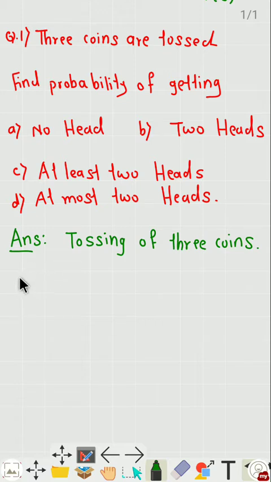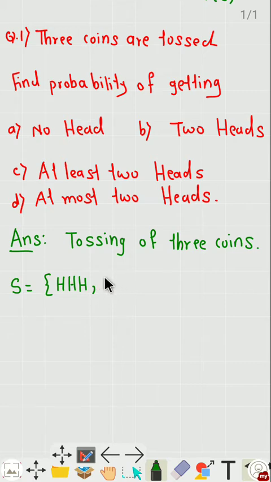The set of all outcomes is nothing but the sample space of this random experiment. So outcomes are, suppose first coin gives head, second coin gives head, third coin gives head. So the first possibility is we get all heads.